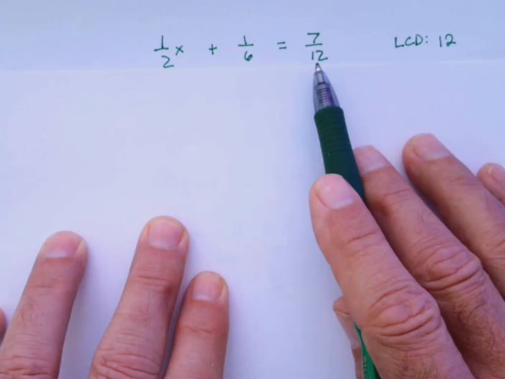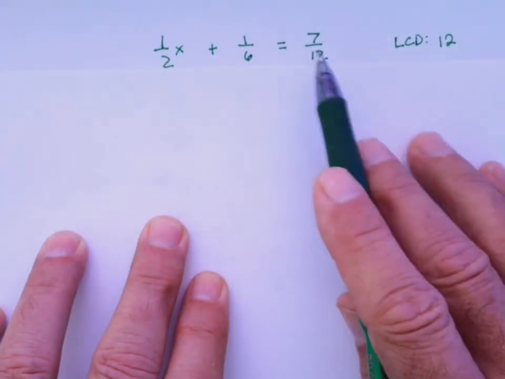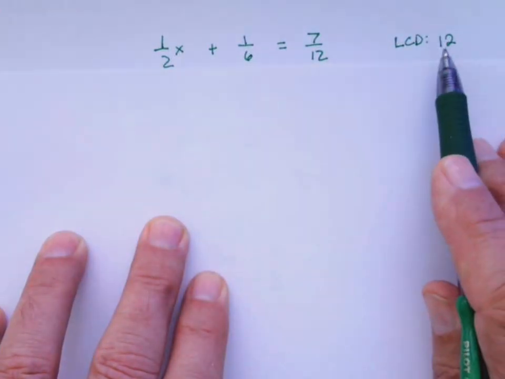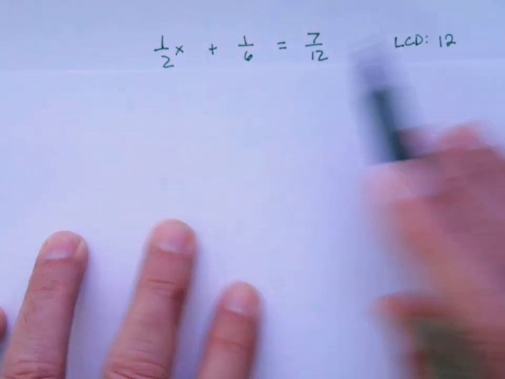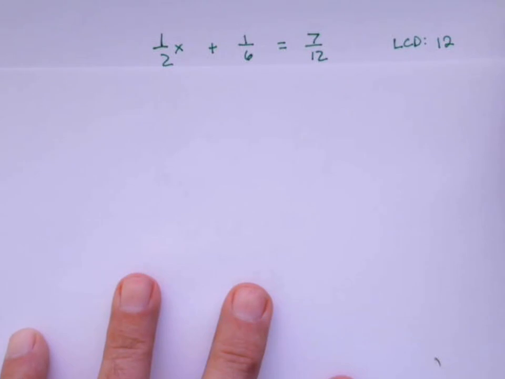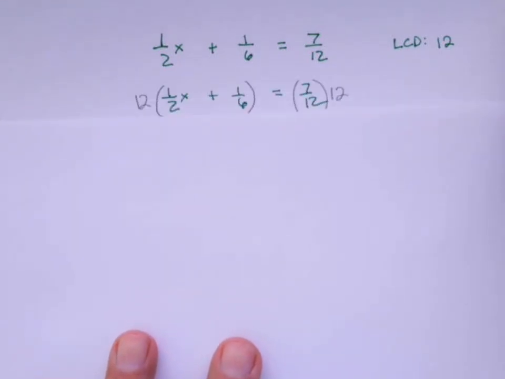Because this has to divide into it. So obviously 12 divides into itself, 6 can go into 12, 2 can go into 12, so 12 would be the lowest common denominator. So it's always going to be the big number or a multiple of the big number. So what do I do with that? Well, an equation, as long as I do the same thing to both sides of an equation, I can do whatever I want.